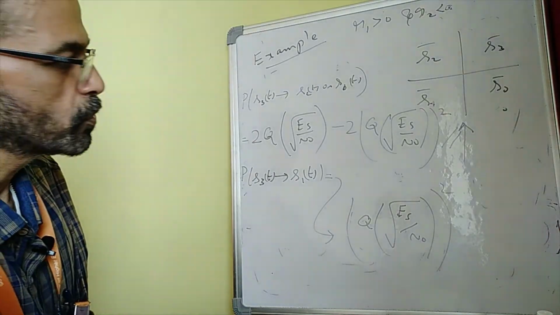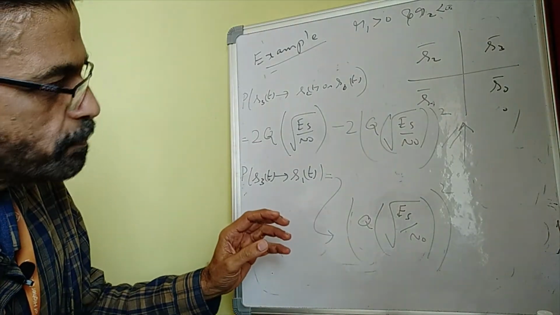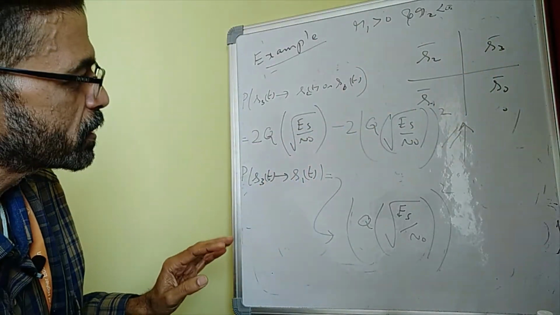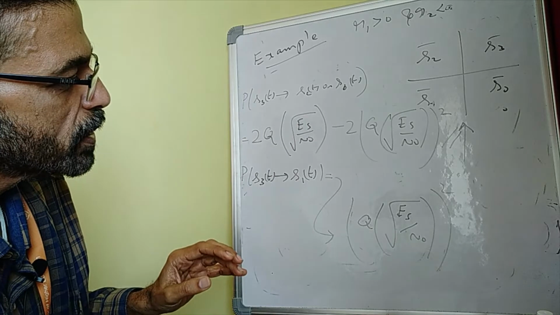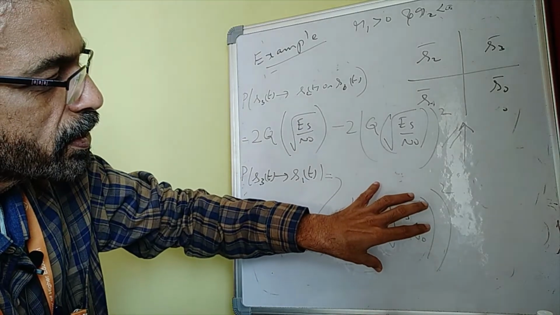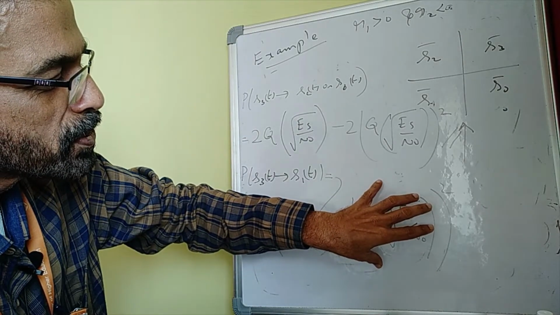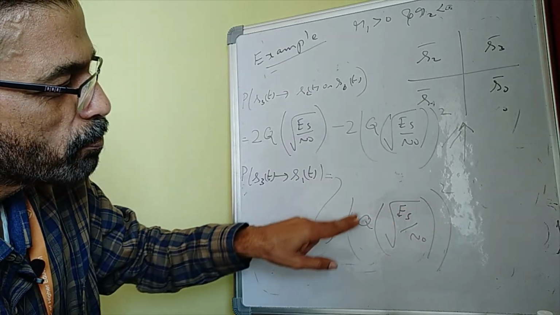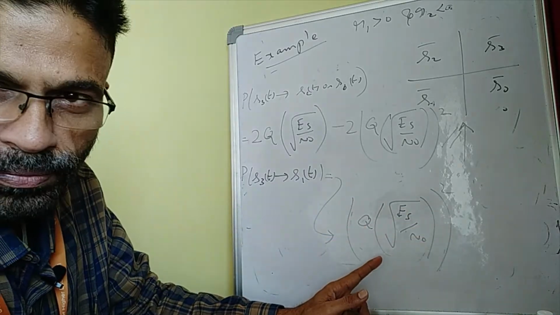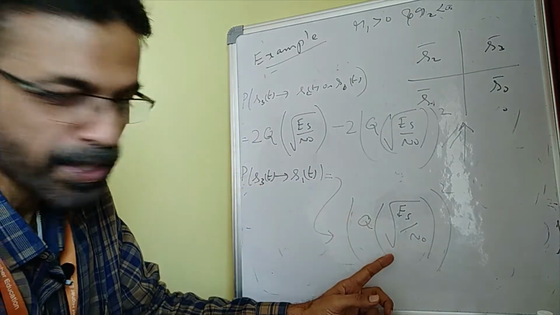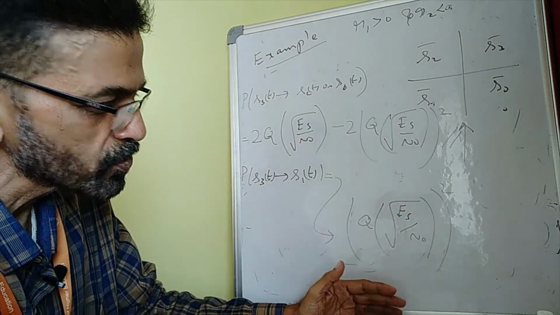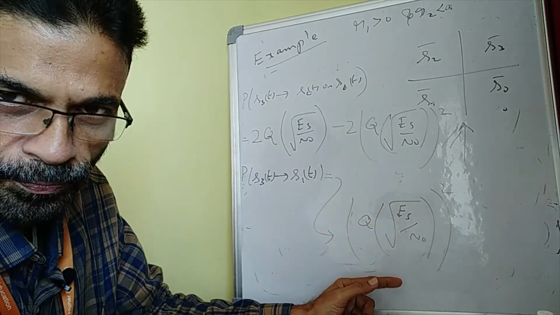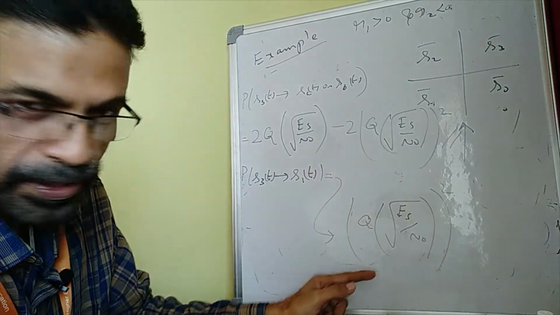It can also be seen from the signal space, but I'll come to it later. If you take a close look, as I said towards the end of the discussion before we started this example, this will be a number which is generally small. It will definitely be less than 1, and if the signal energy is more than the noise energy, this q will be a small number, and you are actually squaring it here.